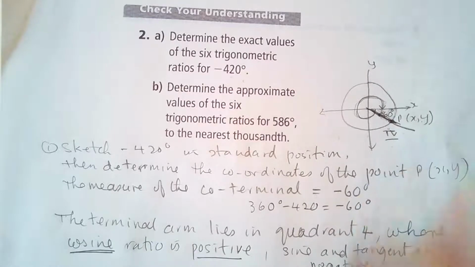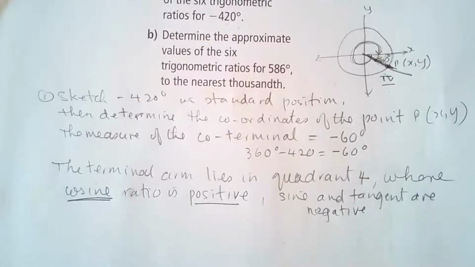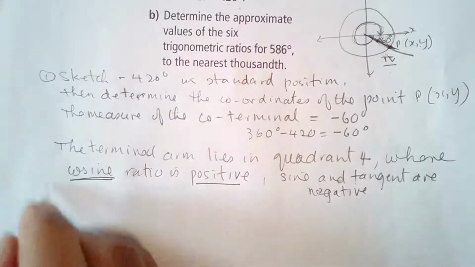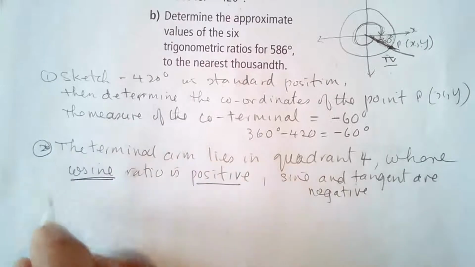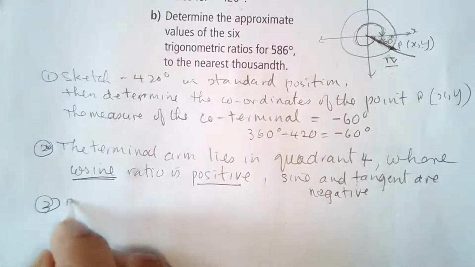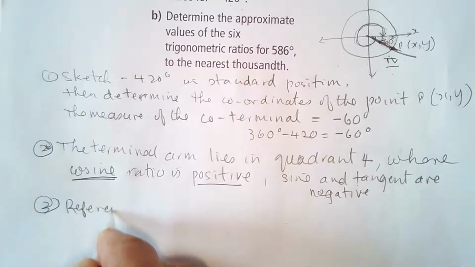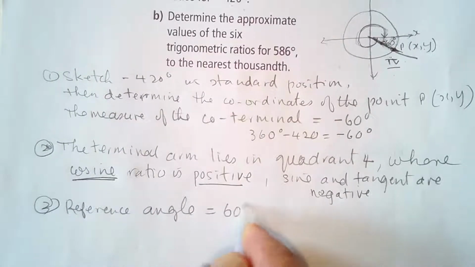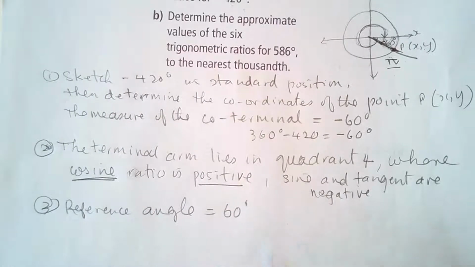The reference angle now, it's kind of up here, so you can see a circle here. So the reference angle is equal to 60 degrees. So now let's look at what we have.